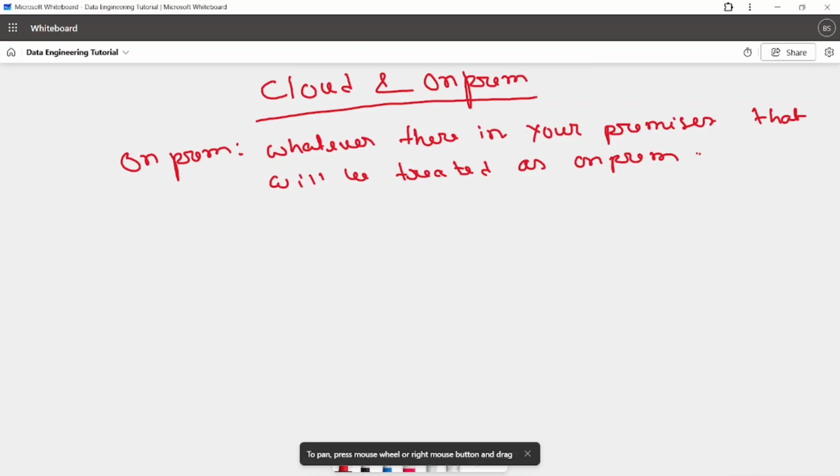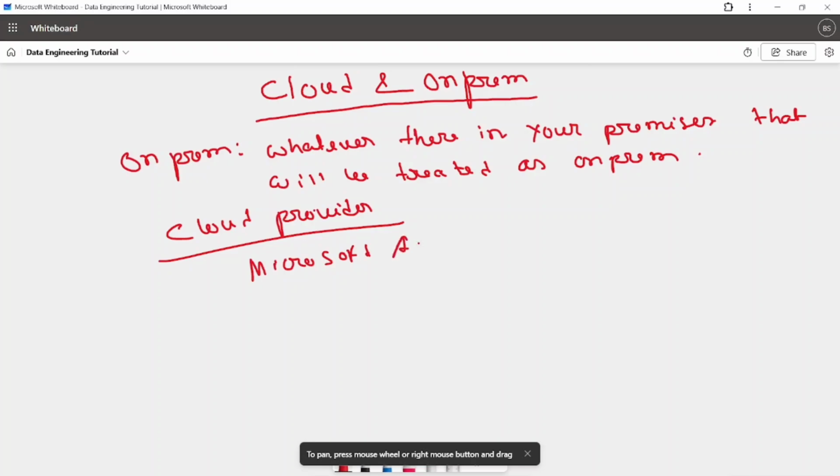So we'll see now what the cloud service providers are. What cloud providers are there?